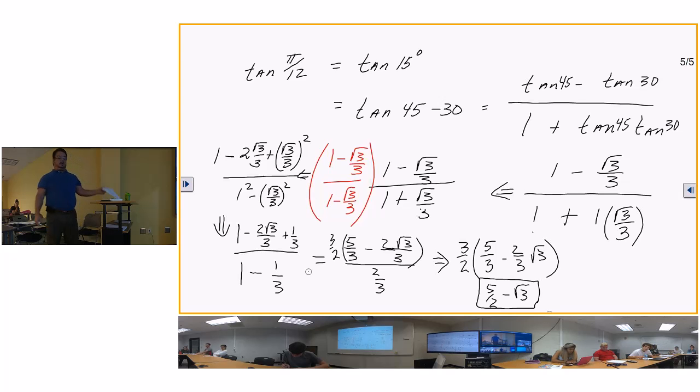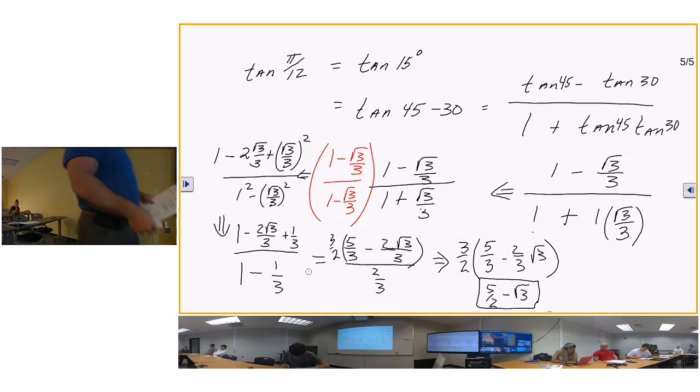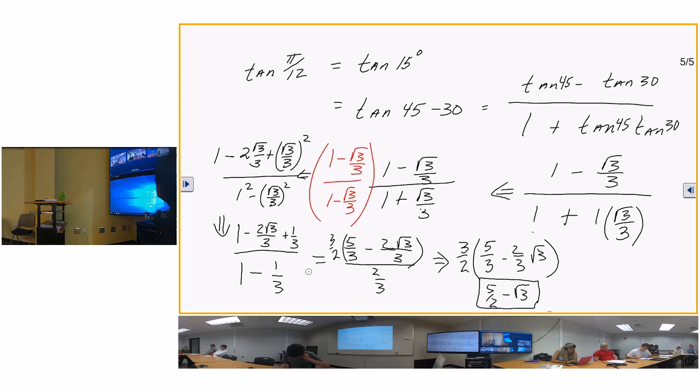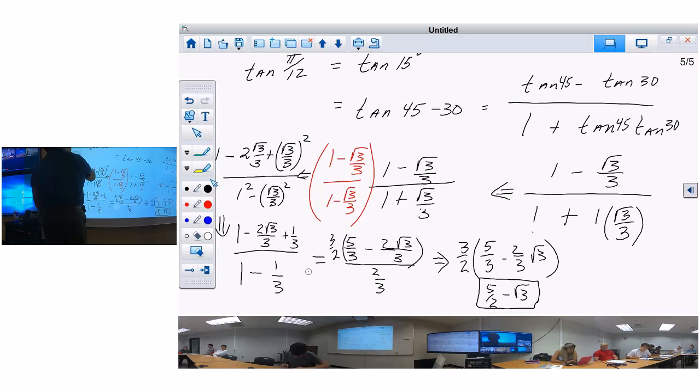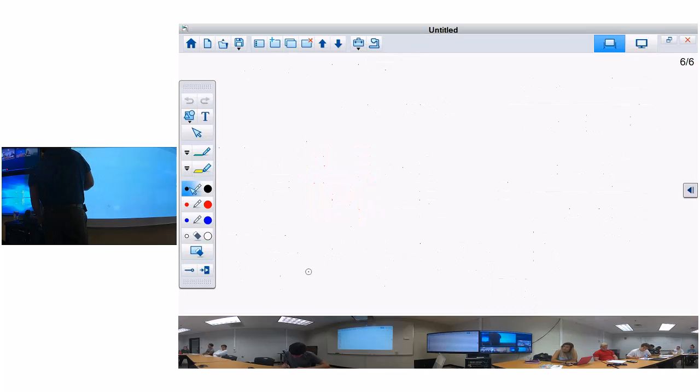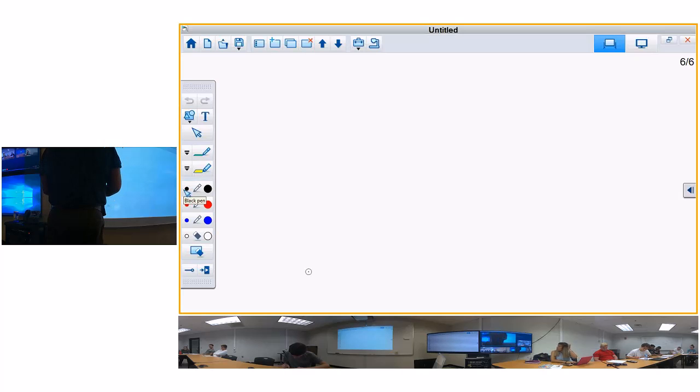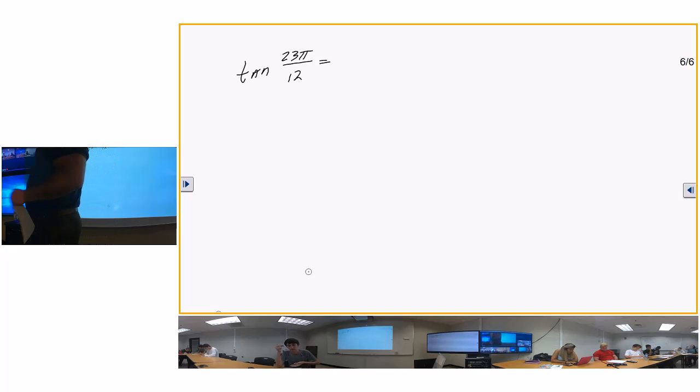Next one. Again, these are just kind of redundant, but like I said, I guarantee you somebody's learning them. And if I can teach 1 or 2 people that's never learned them to learn them, then I've done my job. Tan of 23 pi over 12. Remember, I'm not here to teach the people that invented the identities.